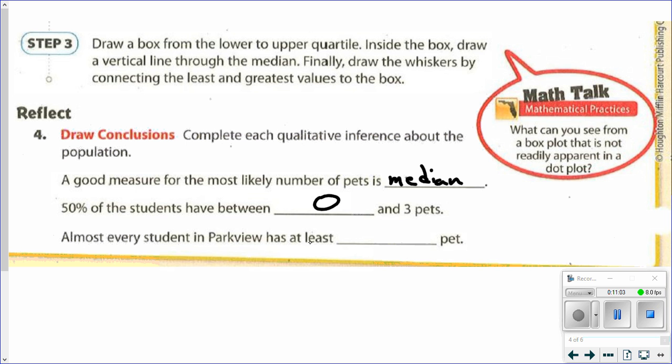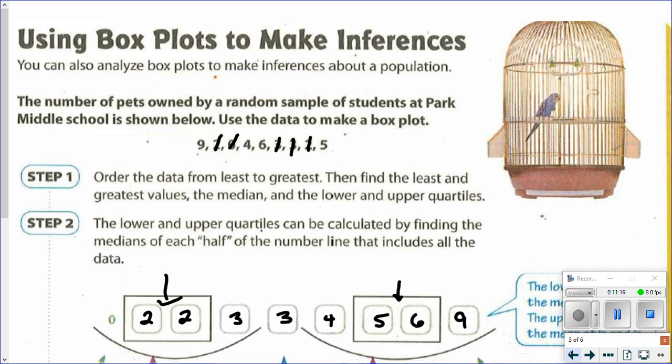This one's a little, I don't know. Well, let's see. Almost every student in Parkview has at least blank pets.